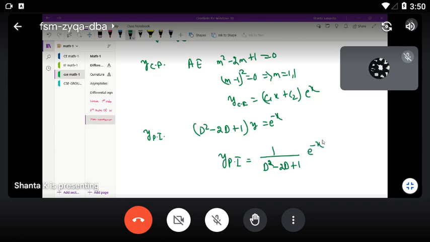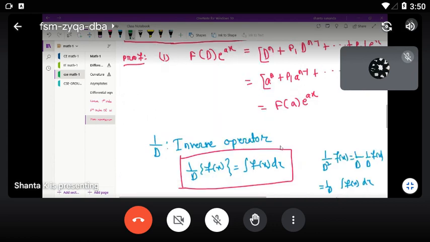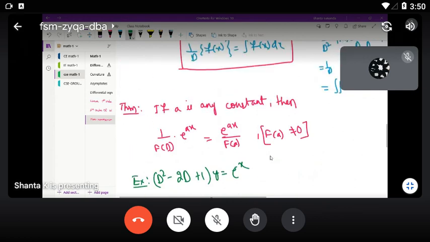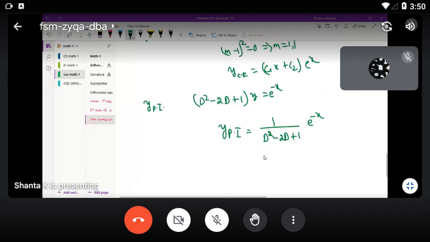Now we will use the formula. We have the reciprocal 1 by D square minus 2D plus 1. If the reciprocal is here, it will be e power ax by f(a), only if f(a) is not equal to 0. Here a is minus 1. If you substitute, minus 1 square is 1, then minus 2 times minus 1 is plus 2, plus 1, so 4. So you see this is not equal to 0.